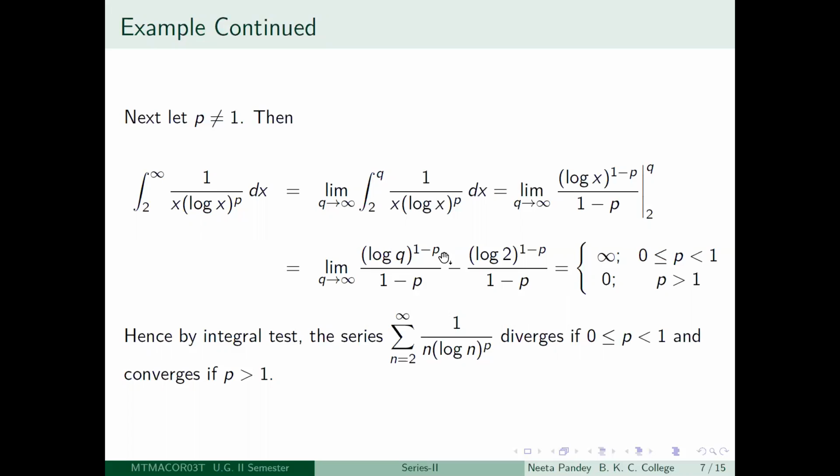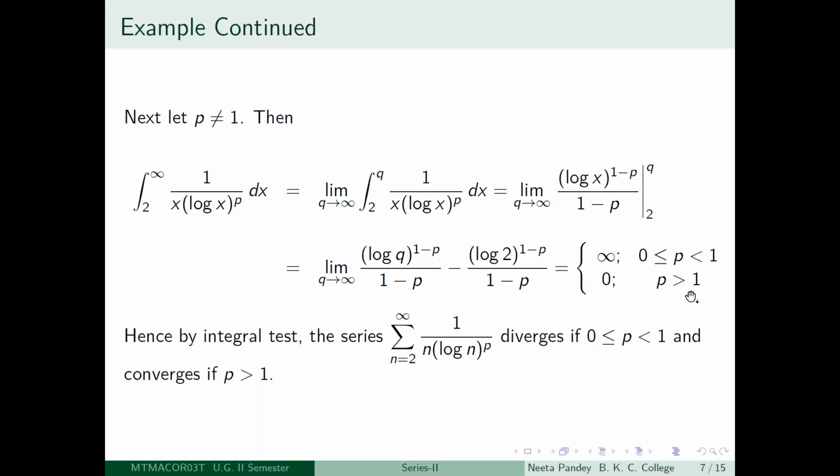So therefore, infinity minus this fixed real number, the total limit is actually diverging to infinity. So when p is between 0 and 1, inclusive of 0, it diverges to infinity.